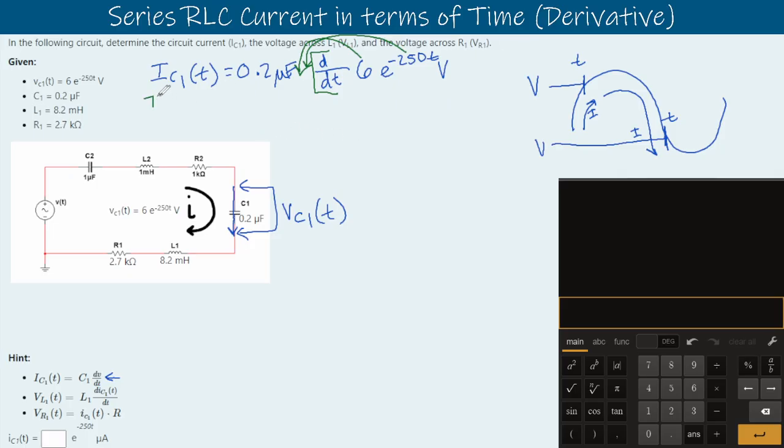IC1 of t is equal to 0.2 microfarads multiplied by, because we pulled the 6 out, 6 multiplied by our exponent up here, which is negative 250. And then whatever was left in there is going to stay. We eliminate all the constants at that point, and we're basically left with e to the negative 250t, and then this is going to be whatever we multiply out. In this case, our answer is going to be in milliamps or microamps, but we don't know that yet. We only know that because it's written down here as our answer.